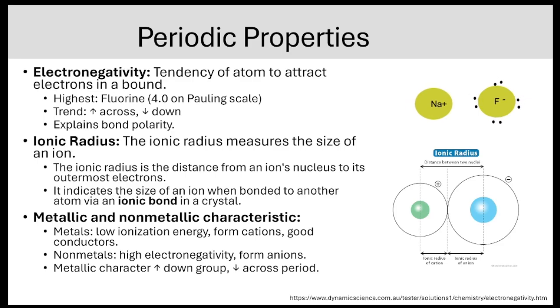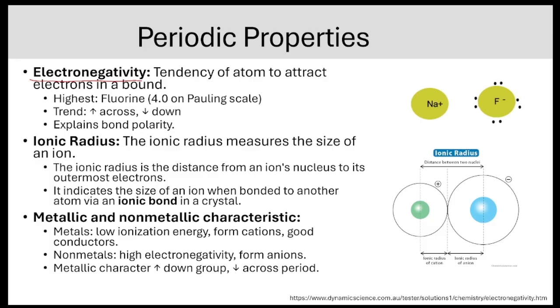And then we have electronegativity, which is the measure of an atom's pulling power. Electronegativity is the ability to attract electrons to itself when it is chemically bonded to another atom.